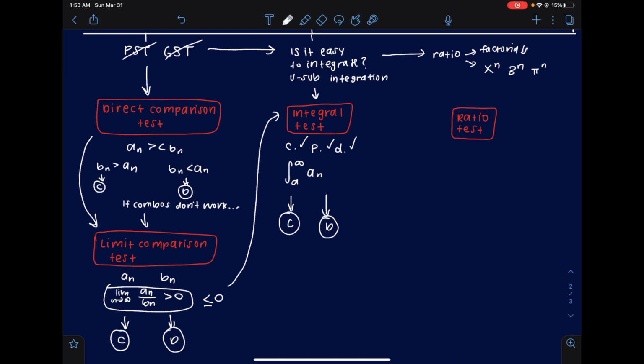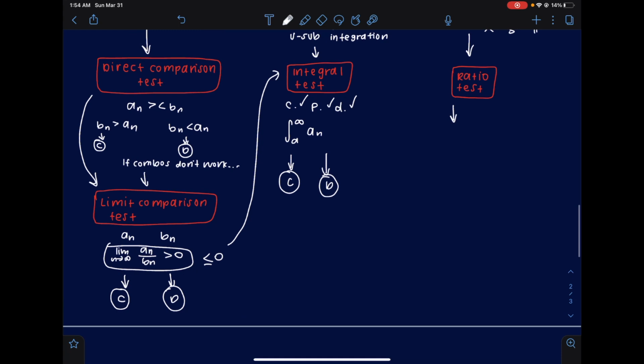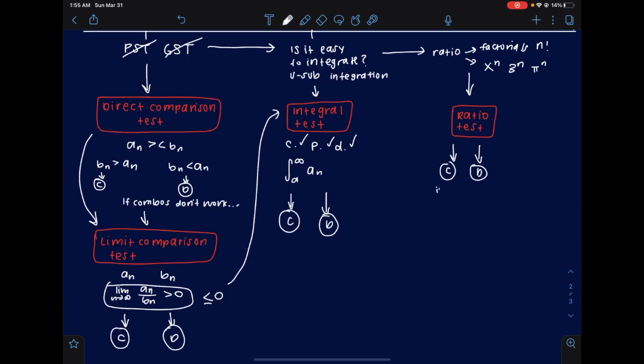And like a factorial, so like n factorial, a complicated ratio of some sort. That is a clear indication that you're going to use the ratio test. Now, ratio test, similar to root test, it can tell you both convergence or divergence, or it can be inconclusive.